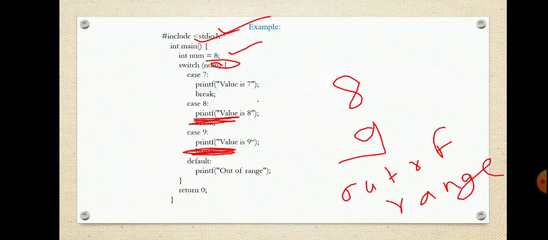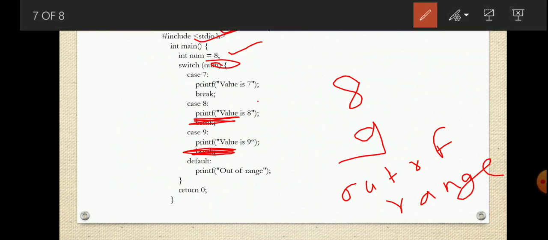So if we are not using break after case 8 and case 9, the number value 8 matches with case 8, it will print 8, and execution will continue from there.